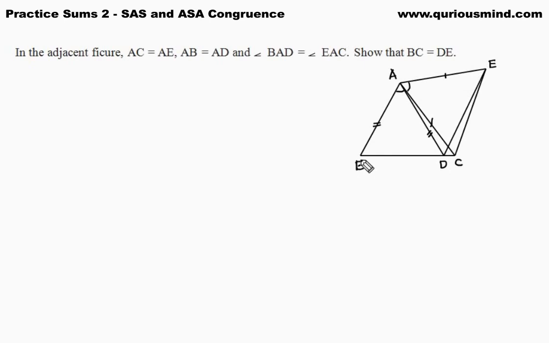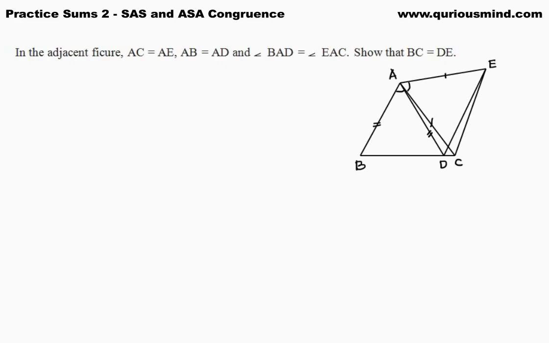So I'm going to take the triangles of which BC and DE are part. So that is triangle ABC and triangle ADE. And we are going to try to show that these two triangles are congruent. Once we show that those two triangles are congruent, then we will be able to show BC is equal to DE by corresponding parts of congruent triangles.